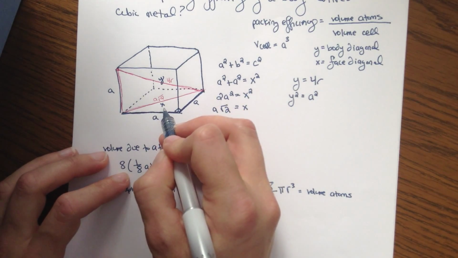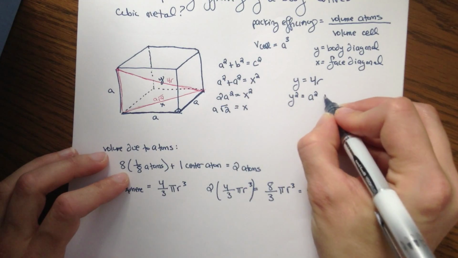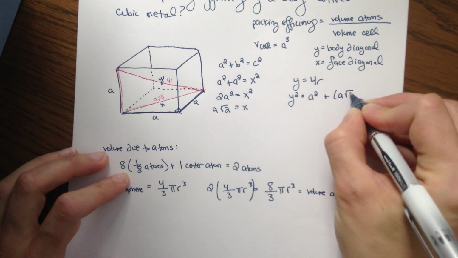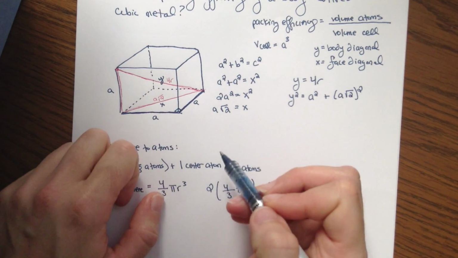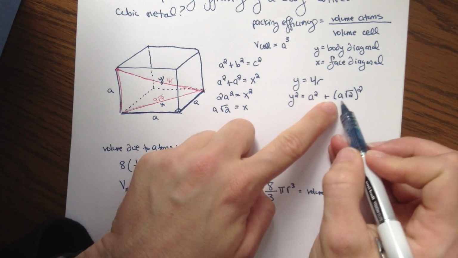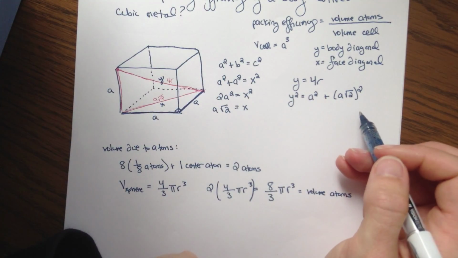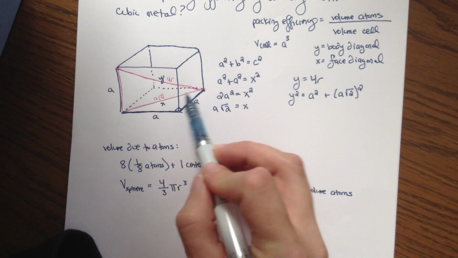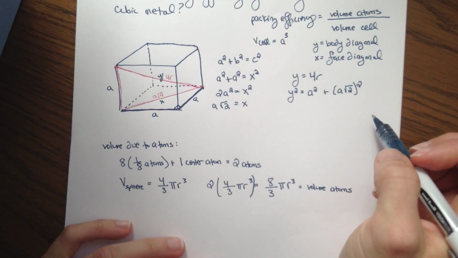And instead of writing x here, I'm going to write a square root of 2 squared. You see why we had to find x in terms of a now? Otherwise, we would have had x right here, and then all of a sudden we would have a whole bunch of variables, and that would just be a pain. So this is an essential step, putting this line in terms of a.